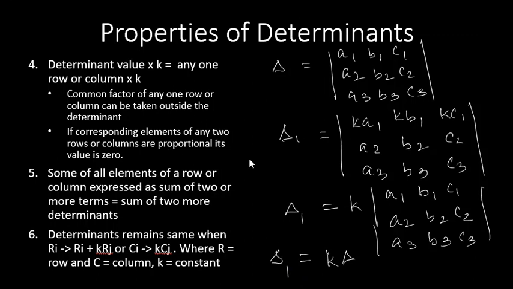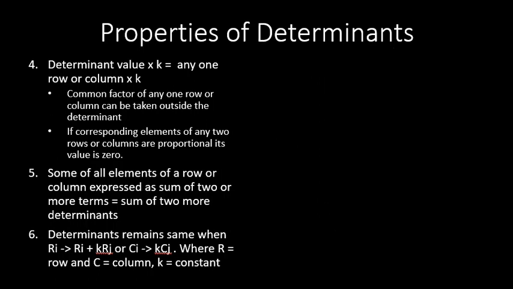This is what is illustrated: the common factor of any one row or column can be taken outside the determinant. Here k was taken.